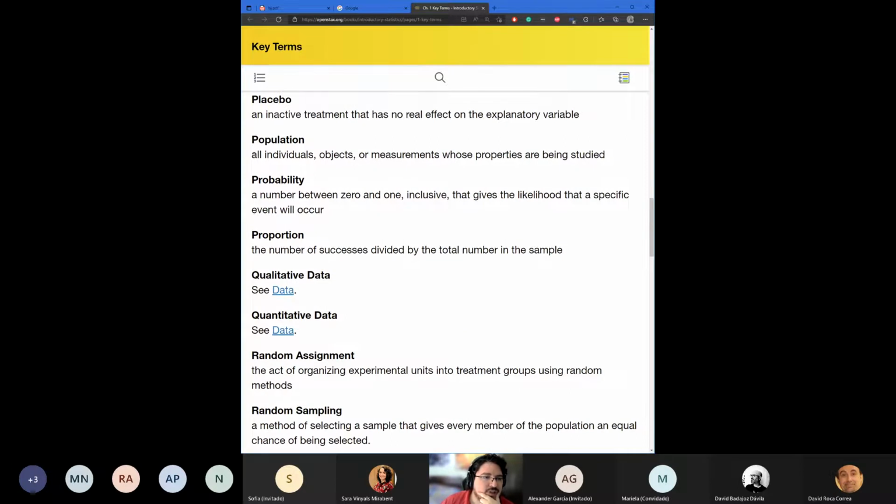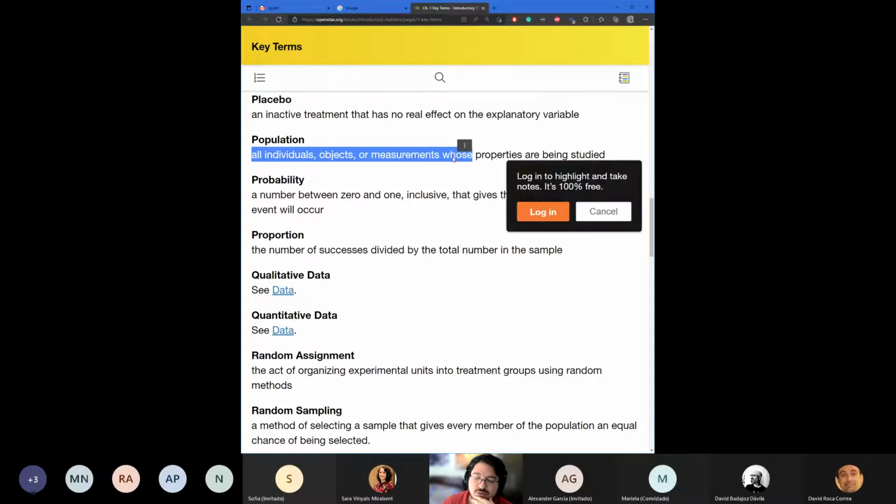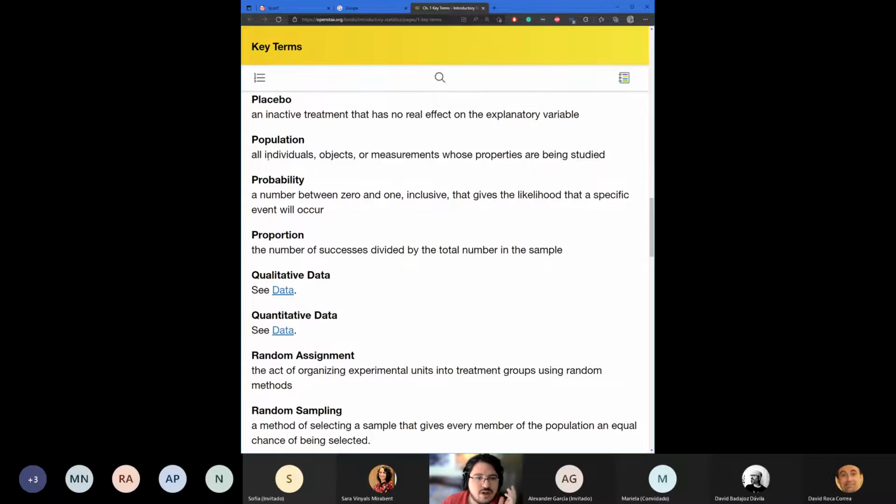Well, today it won't be particularly relevant, but you should be aware of the concept of population. Those are all individuals, objects, or measurements whose properties are being studied. Okay, but we can't access the population, so the population is not something that we can study.